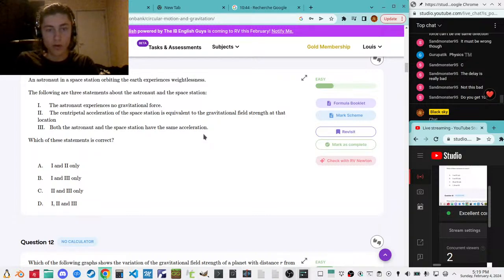That's wrong. Wait, do we need the true? Which of these is correct? Okay. Centripetal acceleration of the space station is equivalent to the gravitational field strength at that location. Is it though?